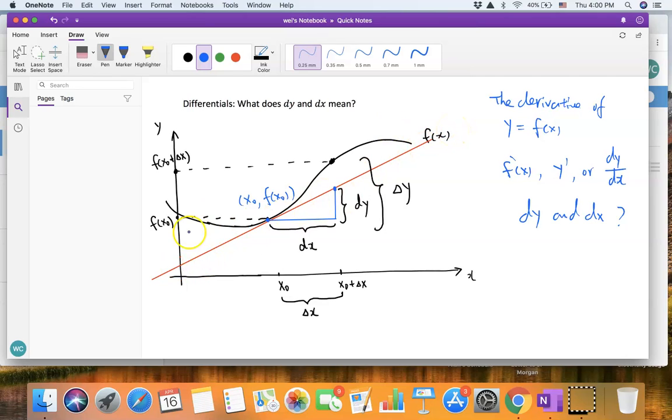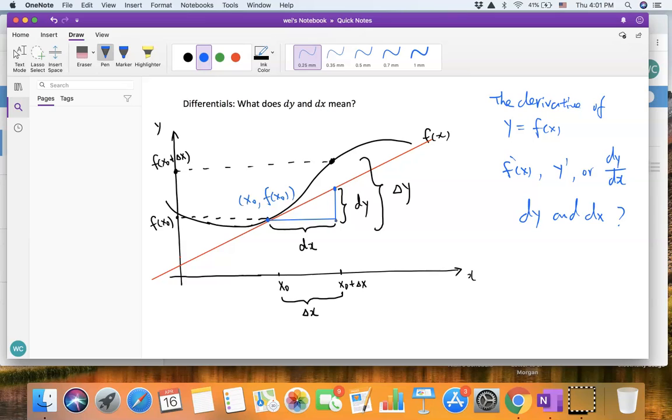On this tangent line, when x equals x0 plus delta x, we can find this point. The difference between the x values of these two points, I use dx to represent.